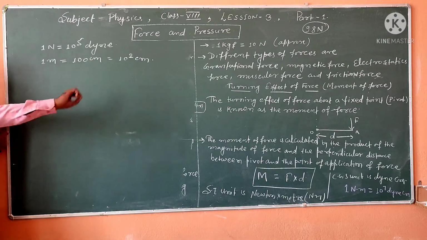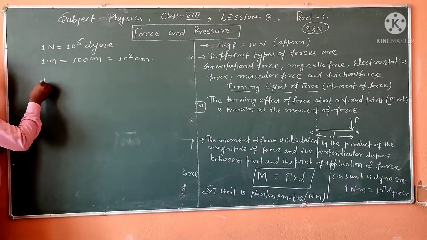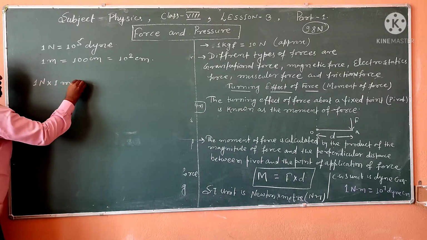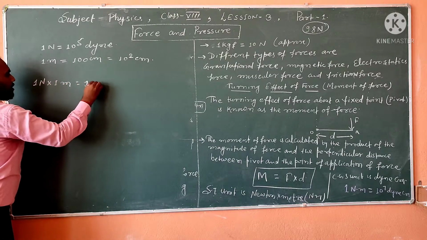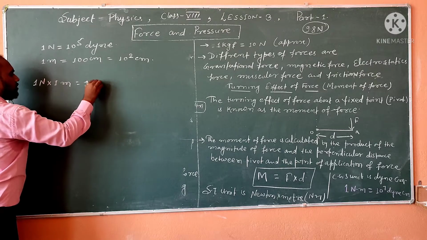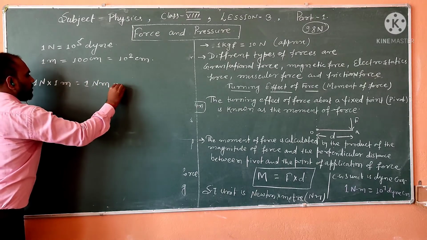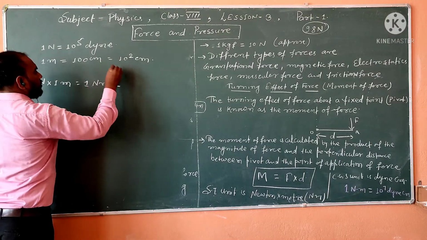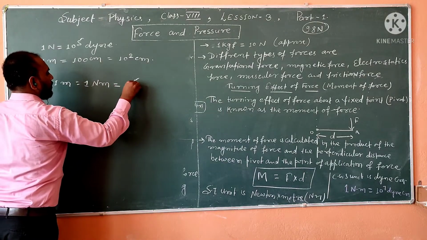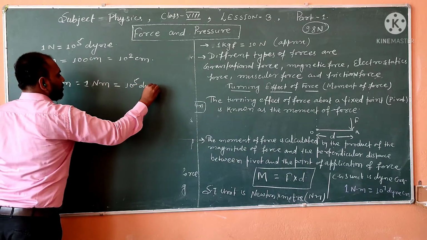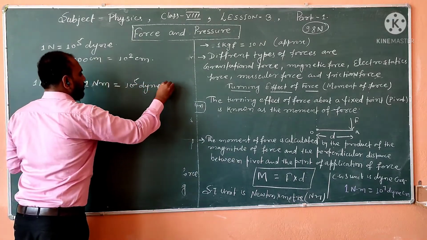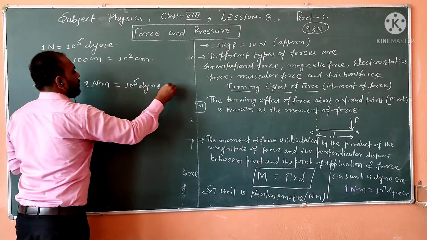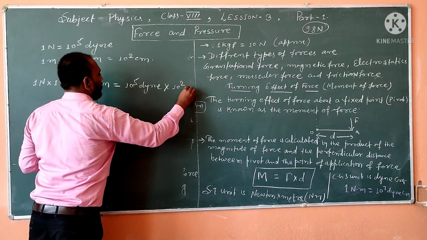Okay. Now, 1 Newton into 1 meter is equal to 1 Newton meter. 1 Newton is equal to 10 to the power 5 dyne, now into 1 meter. 1 meter is equal to 10 to the power 2 centimeter.